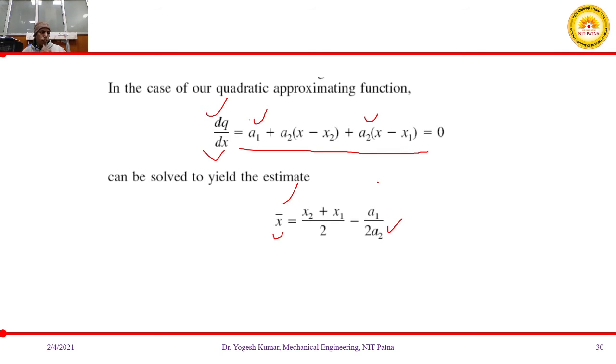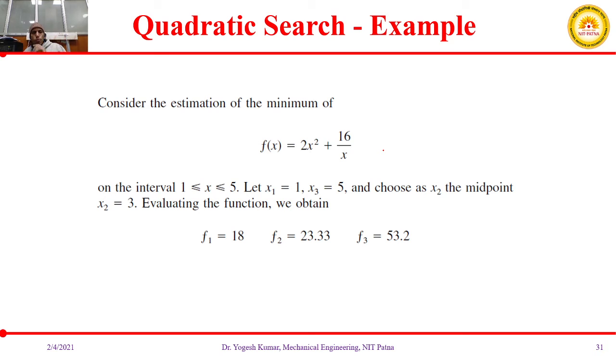Let us try to implement this equation in a real example so that you are able to understand easily. Let us see one example of estimating the minimum of a given function f(x) equal to 2x squared plus 16x.